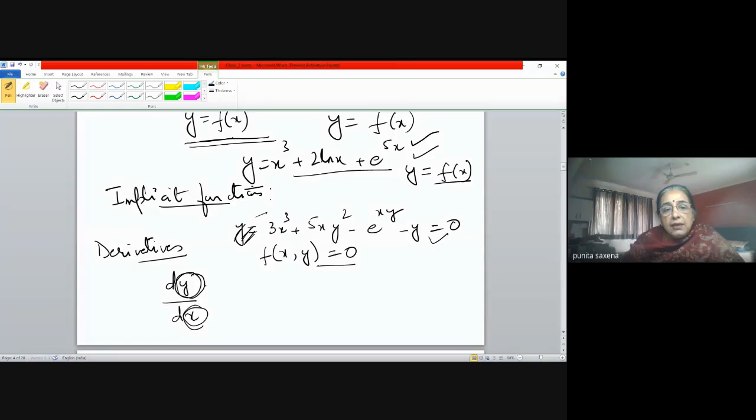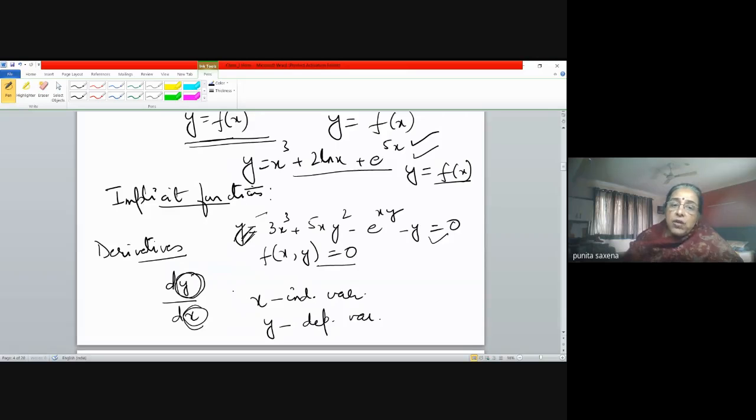So x is your independent variable, which is causing changes in y, your dependent variable. That's why we have to differentiate y with respect to x.